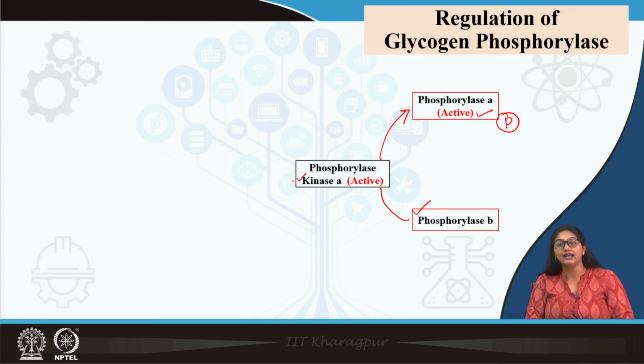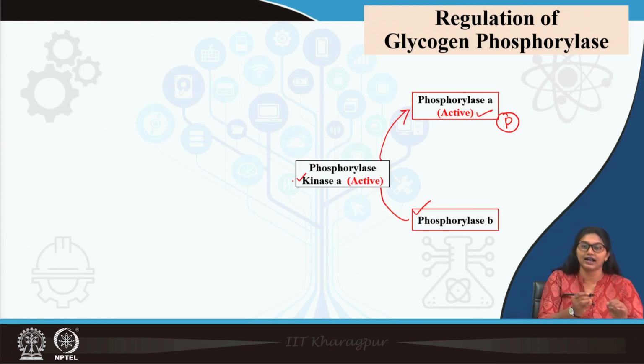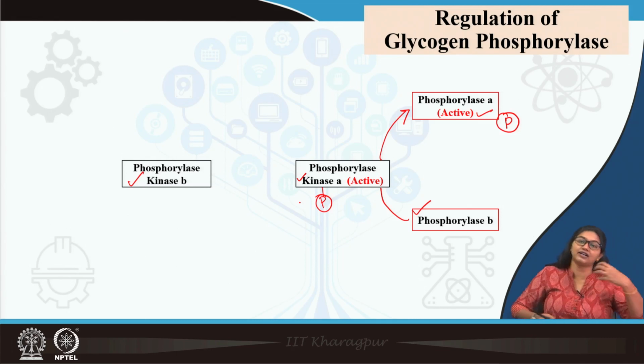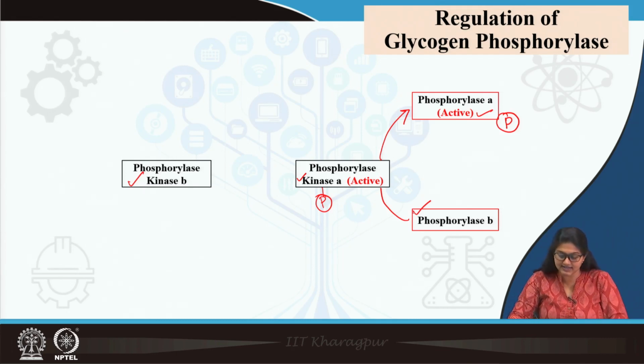Again, that kinase has an active and an inactive form. The active form is kinase A, the inactive form is kinase B, and again the active form is the phosphorylated form. So, there is activation of the kinase by phosphorylation, and on activation this kinase activates phosphorylase.